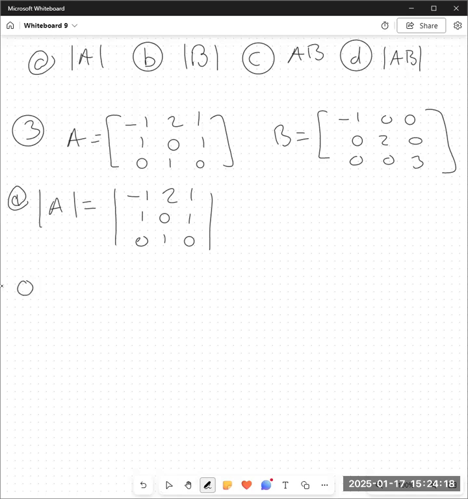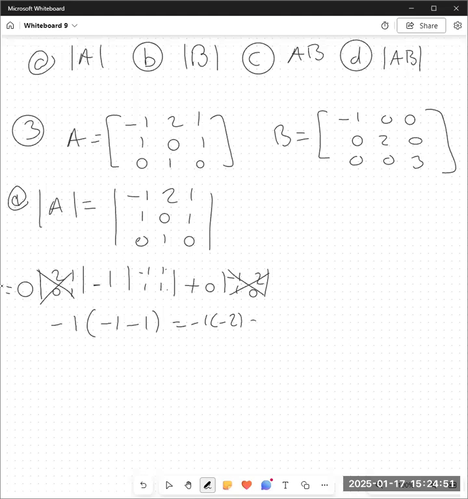So 0 times the determinant of 2, 1, 0, 1, minus 1 times the determinant of negative 1, 1, 1, 1, plus 0 times the determinant of negative 1, 2, 1, 0. So I don't need to find those other determinants. I just need negative 1 times 1 is negative 1. 1 times 1 is 1. That difference there is negative 2. So negative 1 times negative 2 is 2.